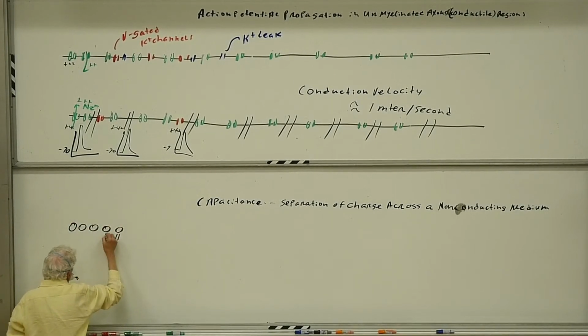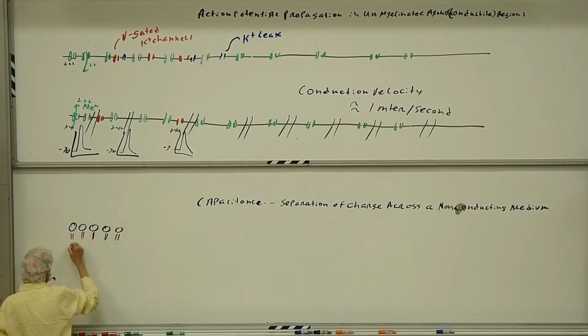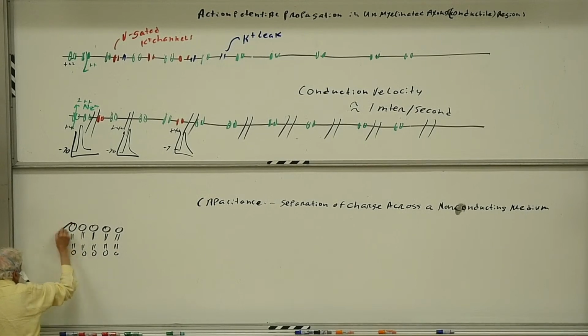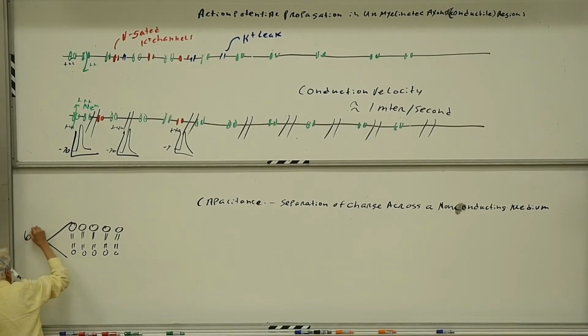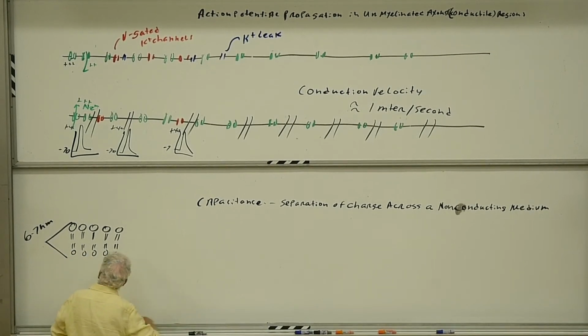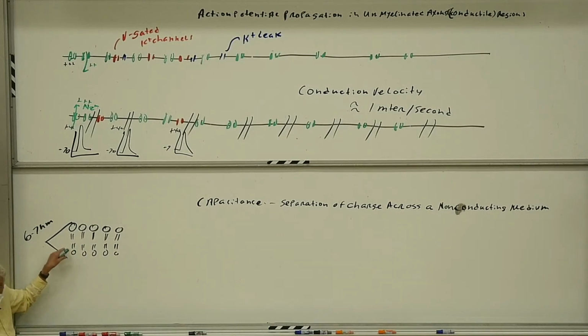This, of course, is the phospholipid bilayer. It's remarkably thin. It's only about 6 to 7 nanometers. And yet, across this exquisitely thin piece of non-conducting material, the phospholipid bilayer, we separate charge.